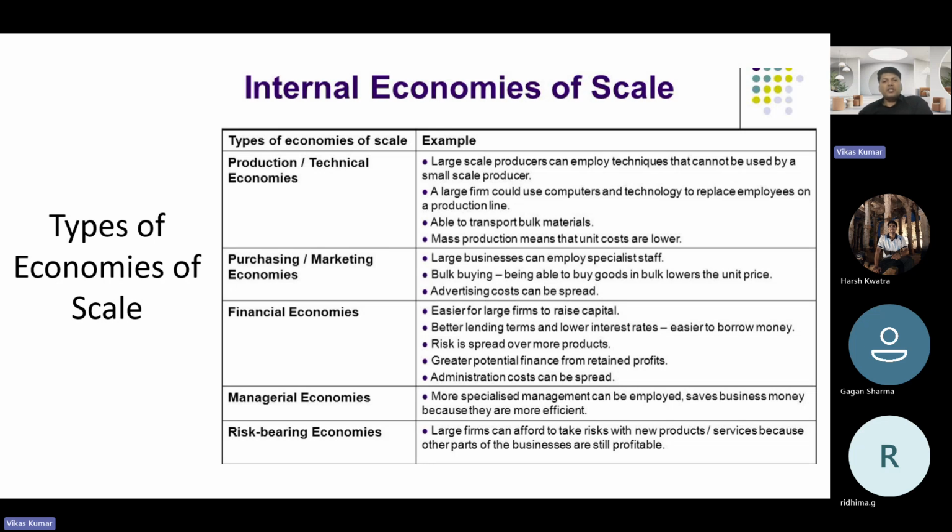Because of the position, because of the respect, because of the image of Reliance, they were able to fetch that much investment, 1.5 lakh crore, from all over the world. This kind of capability a small firm does not have. Like if we talk about the telecommunication sector, Vodafone or Airtel, they do not have that much.